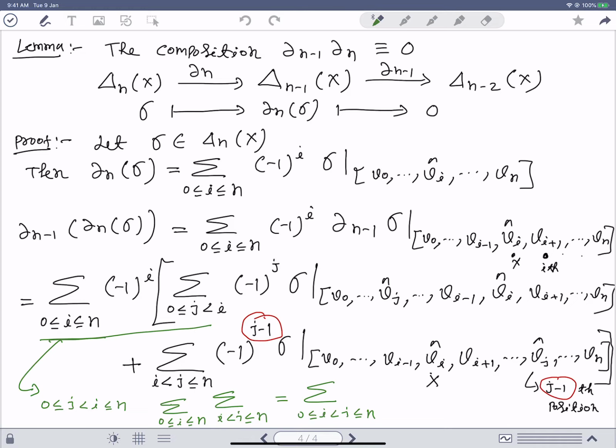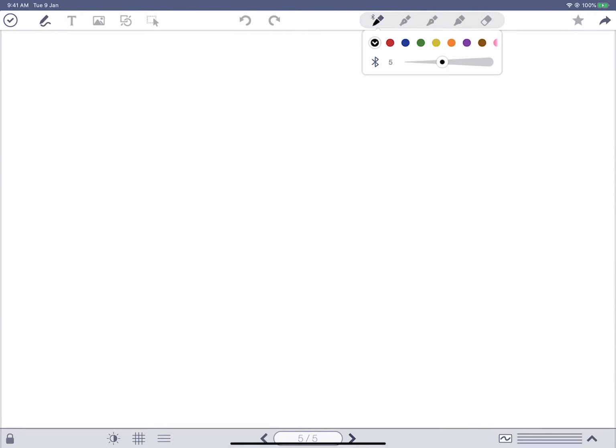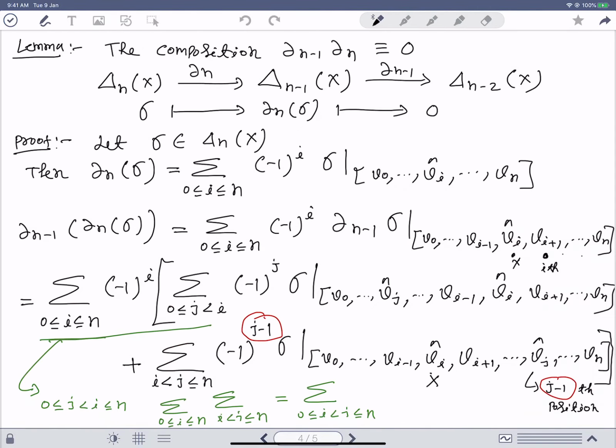So therefore we can write the summation 0 less than or equal to j strictly less than i less than or equal to n. Okay, so minus 1 to the power i and minus 1 to the power j, therefore minus 1 to the power i plus j.